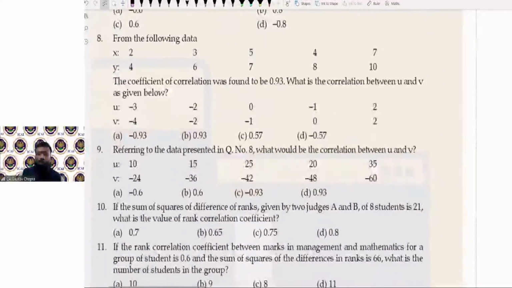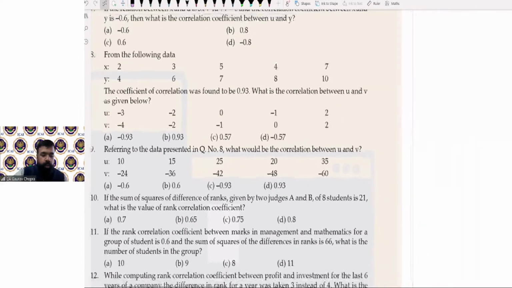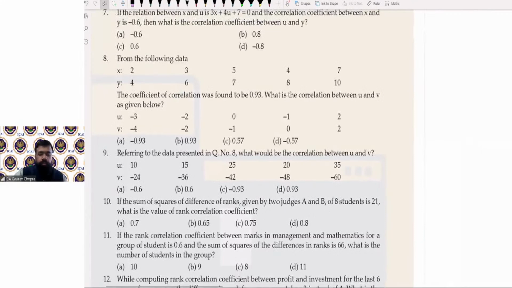Then Mohammed Shoaib is asking question number 8 from set B. Let's solve this. Question number 8 says x and y is given, u and v is given. Coefficient of correlation is 0.93. What is the correlation between u and v?